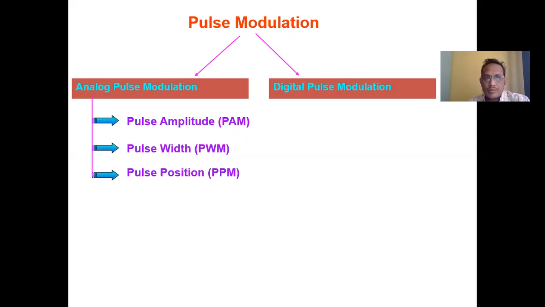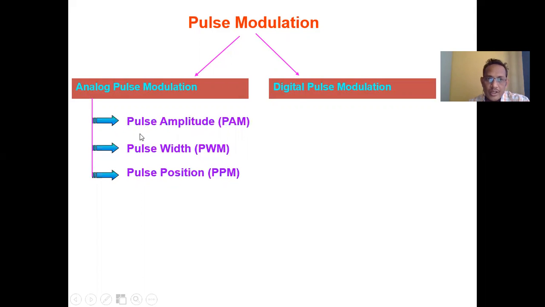That's why the name is given amplitude modulation, frequency modulation, and phase modulation. But in pulse modulation, we use a high frequency carrier signal as a pulse train, otherwise called a square wave, where I can change 3 different characteristics of the pulse train: the amplitude, the width, and the position.